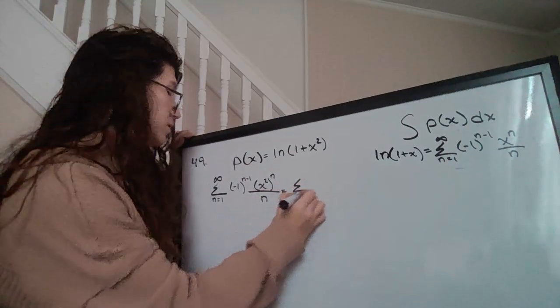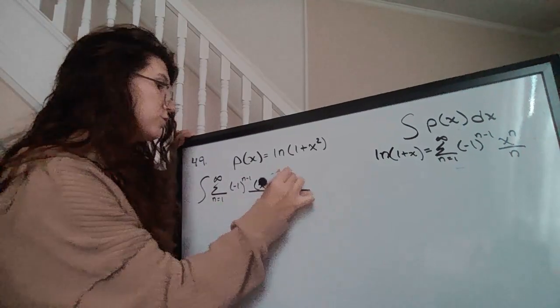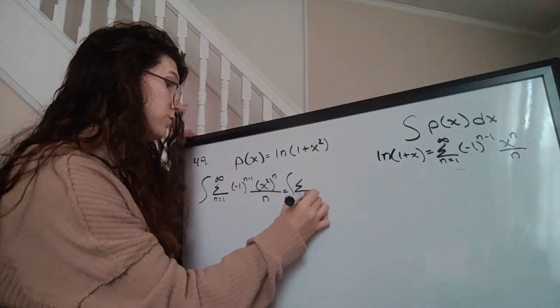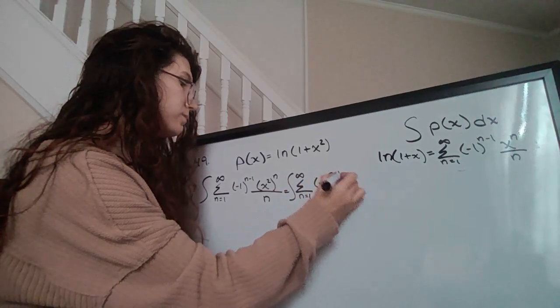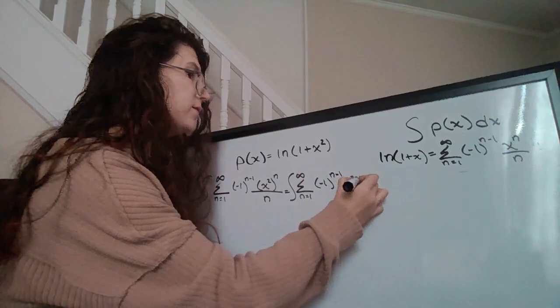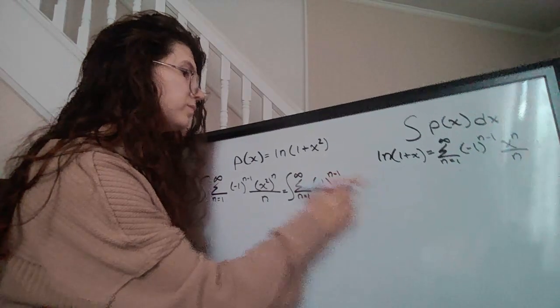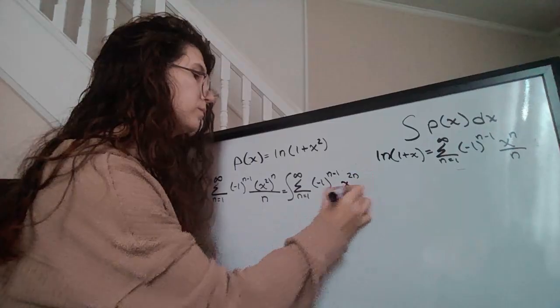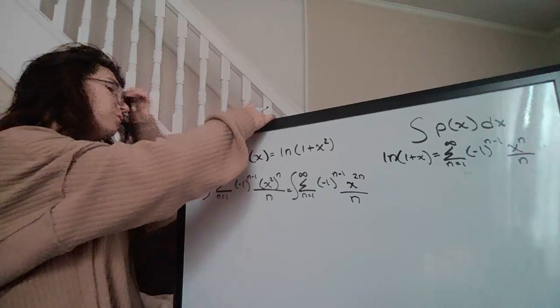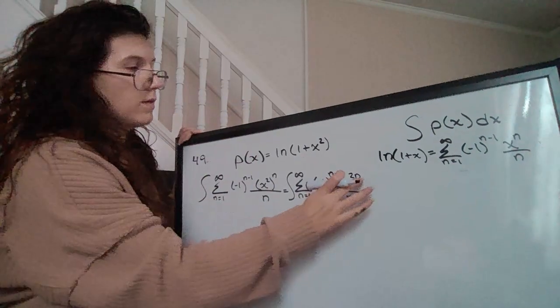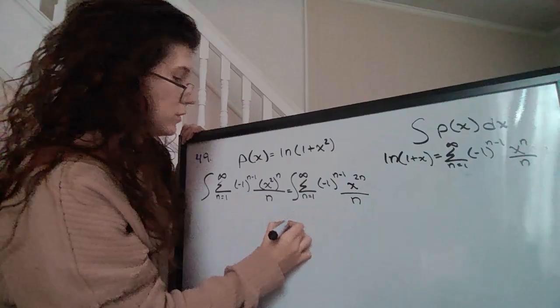And this ends up being, and I'll need to take the integral of this, x to the 2n over n. All I need to do to take the integral is just add 1 to the exponent and divide by that.